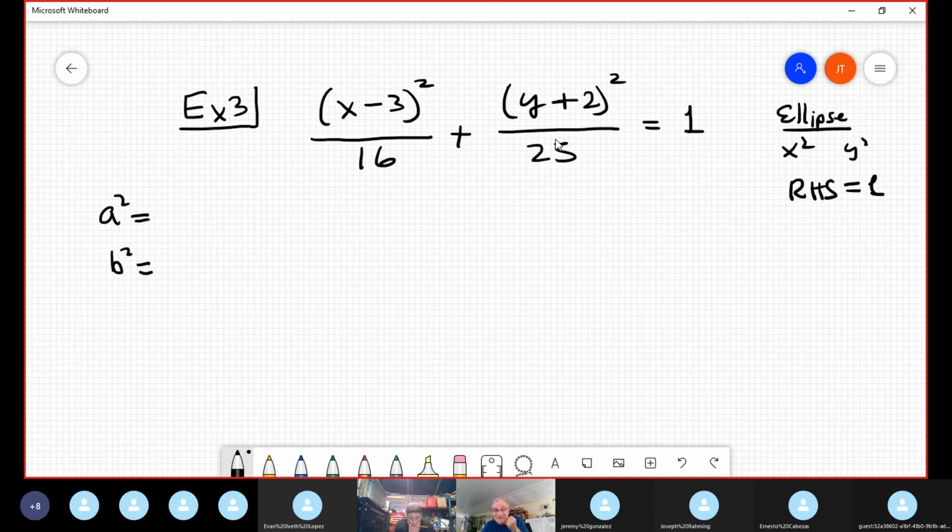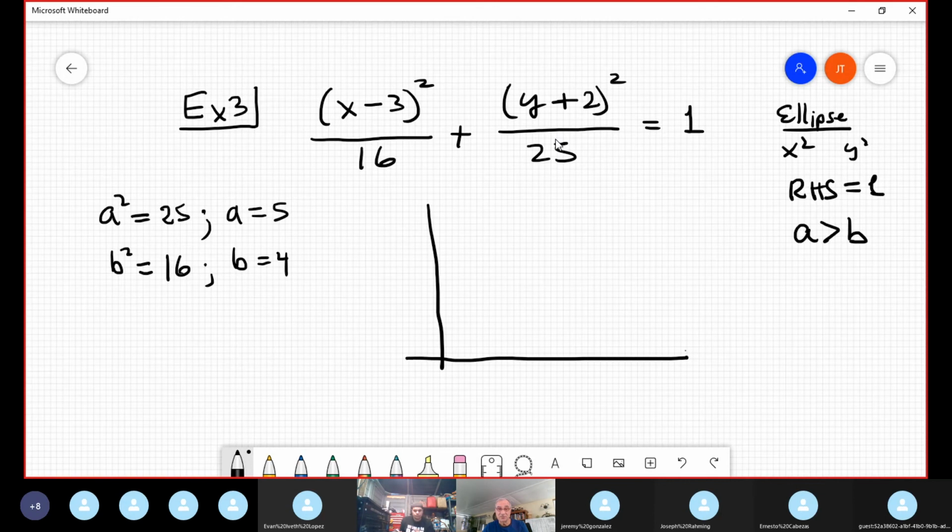This is a classical mistake of the beginner. The rule says always A is bigger than B. So it's obvious that a squared you associate with the big number, 25. Therefore, A is 5 and b squared is 16. Therefore, B is 4. But when the big number is associated with the y, I suppose, using my common sense and my imagination, that my ellipse is vertical, no?